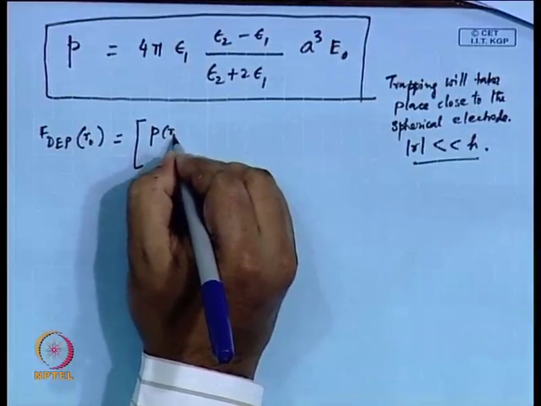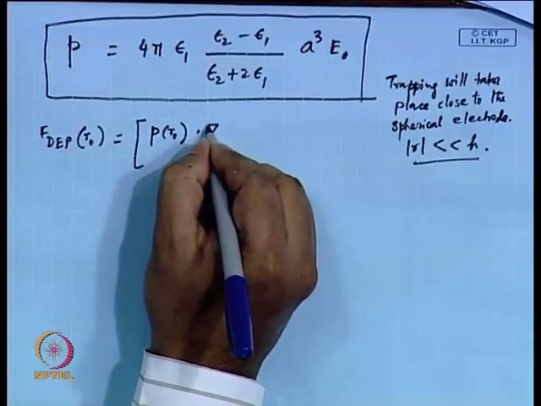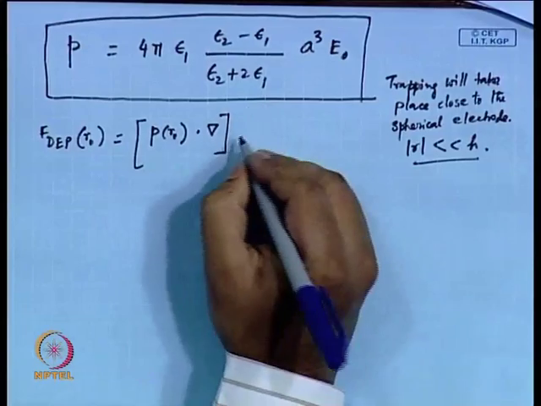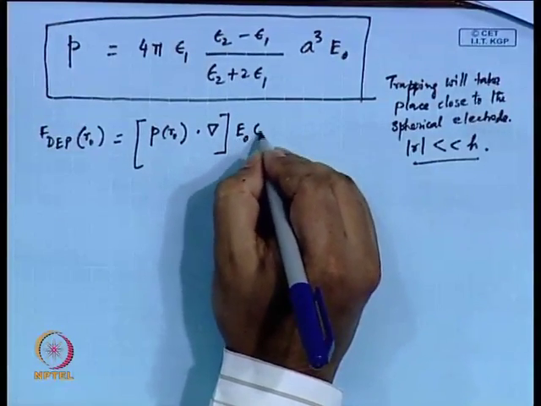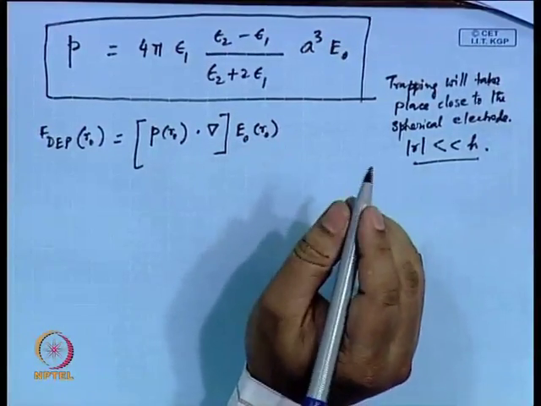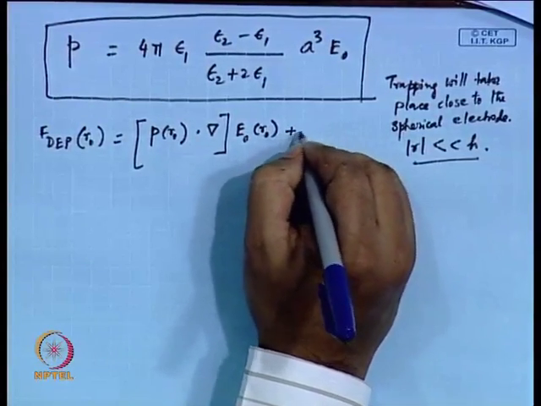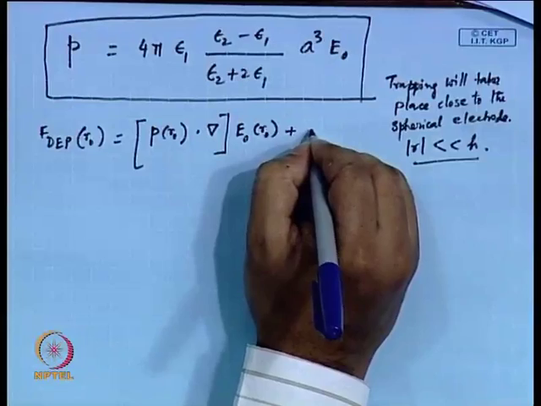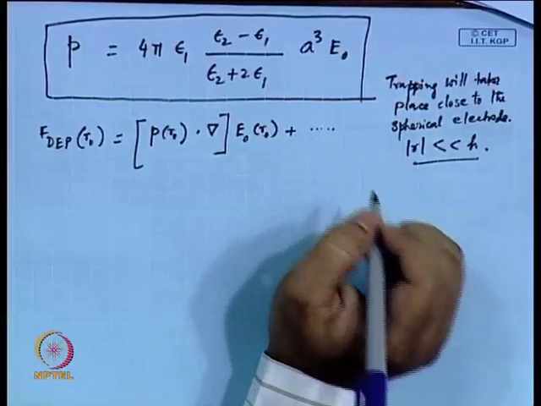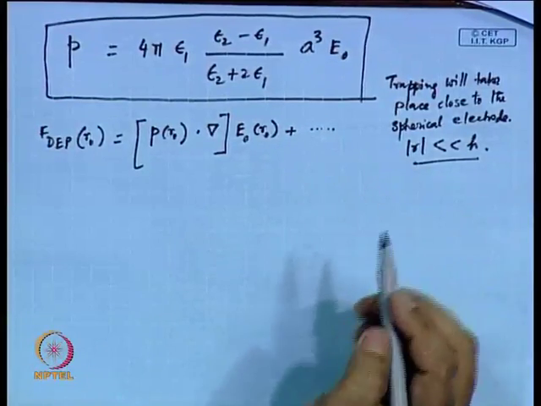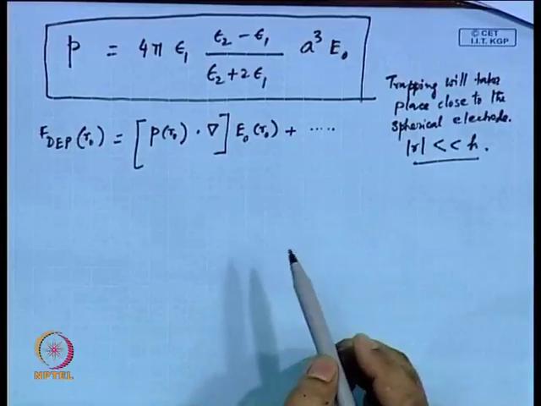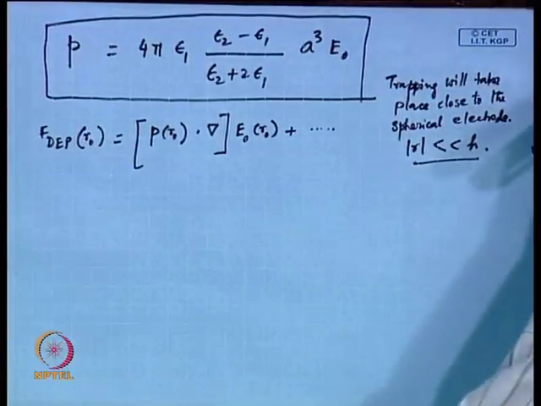P of R0 dot delta into E0 of R0 plus other higher order terms that you are not considering.